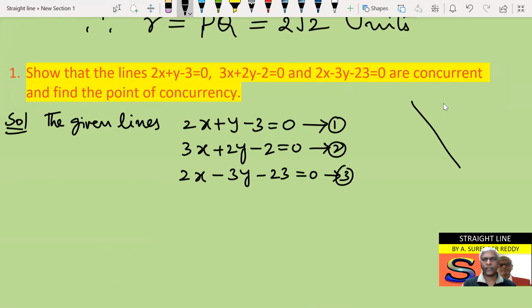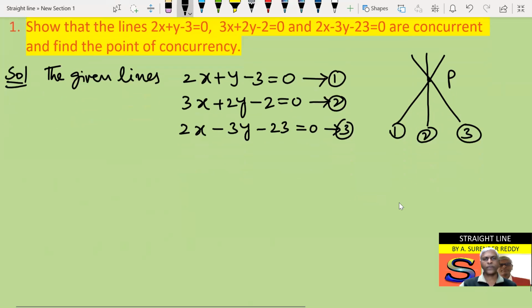So there are 3 lines, 1, 2, 3. They are intersecting at point P, and they are called concurrent lines. Now let us find the point of intersection of the first two lines.